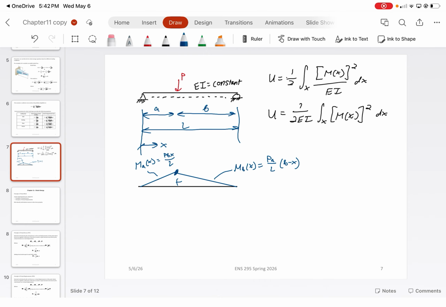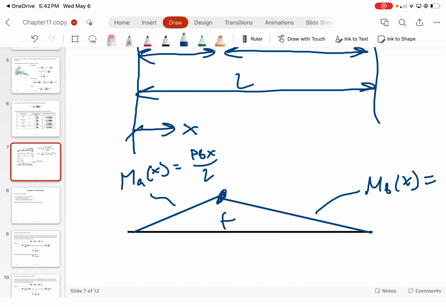So what does the first one say? Oh, PB times x divided by L. And then the maximum bending moment is equal to PAB divided by L.